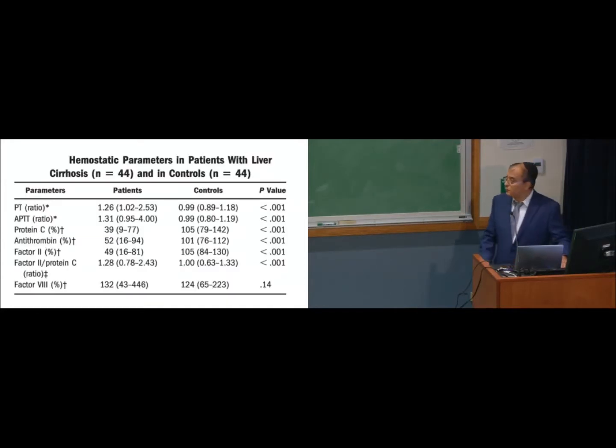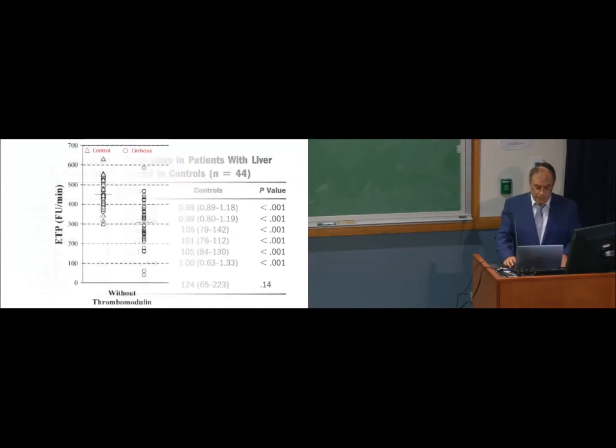The patient population was typical in trends: prolonged PT, prolonged PTT, low levels of pro and anticoagulants, and elevated levels of factor VIII. In fact, these abnormalities are quite mild, suggesting that severe cirrhosis was a small group in these 44 patients.